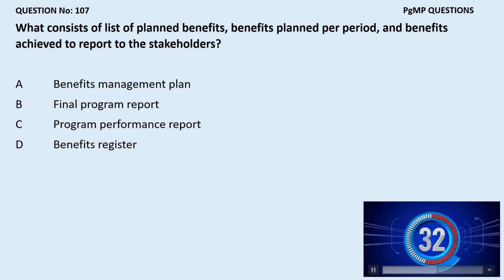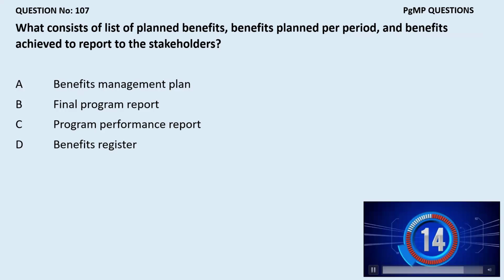Sandeep, Abdullah, please read the question again. In my performance report, do I have the benefit words? Let's look at the program performance report, page number 12 of the booklet.